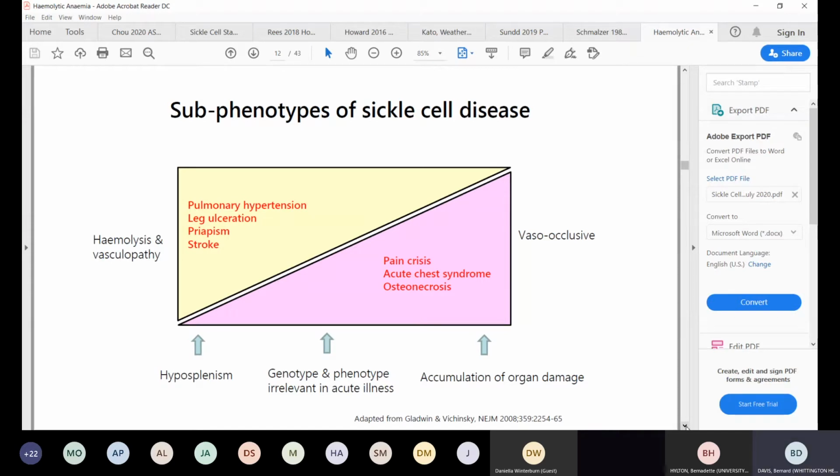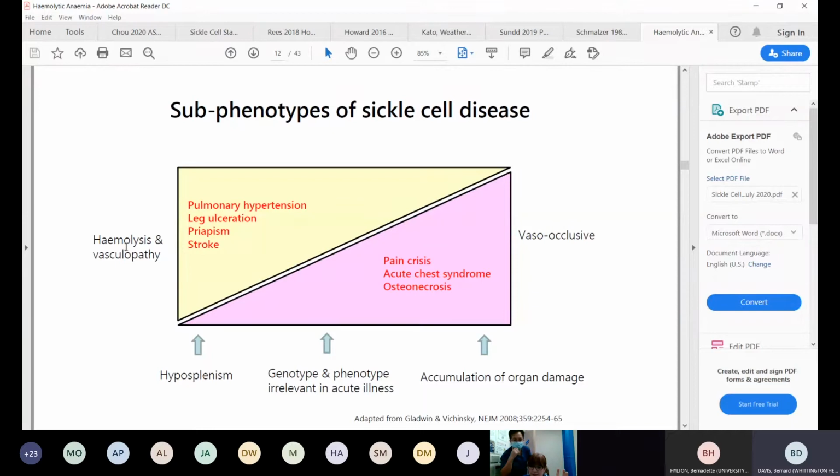Now, in recent times, we've come to understand that there are two broad subphenotypes of sickle cell disease. At one end, some patients tend to have the so-called vaso-occlusive phenotype. These ones tend to present a lot with pain, with things like acute chest syndrome, avascular necrosis, and so on.